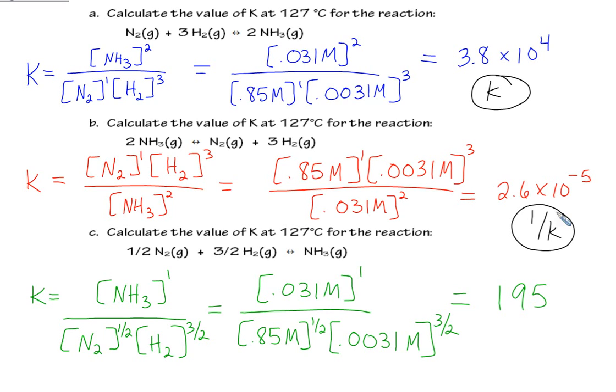Or now notice C. Compare A and C. So now the equations are going in the same order, products over reactants, they're the same setup, but we changed the ratio, we halved the ratio. Well, when I look at my equilibrium setup, the ratio from the balanced equation becomes the exponent.